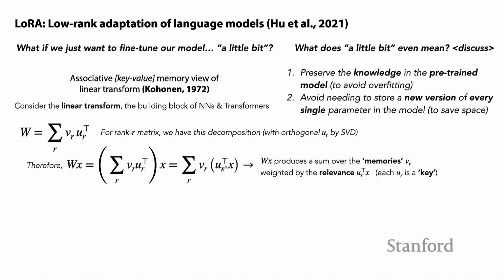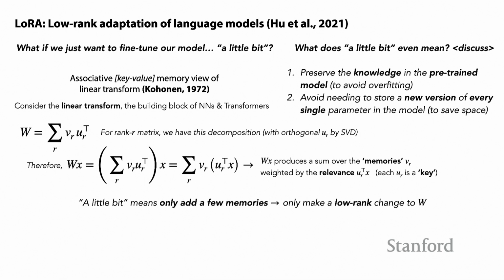And so this inner product will be 0, so we won't include that memory at all in our output. If x is very aligned with a particular u_r, that memory is going to show up very strongly in our output. So this is not really even new math. This is just another way of thinking about the linear transformation, which is useful for motivating all sorts of things in computational neuroscience and ultimately machine learning.